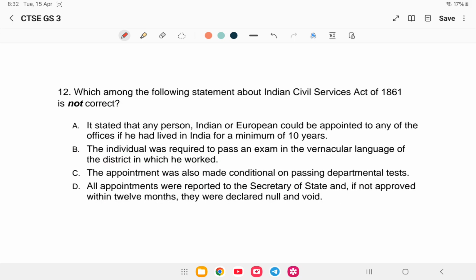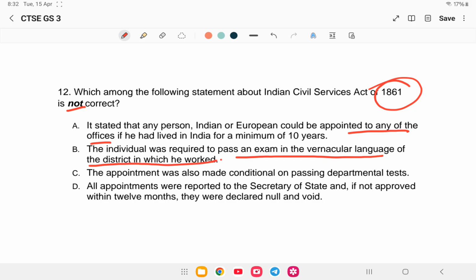Which among the following statements about the Indian Civil Service Act of 1861 is not correct? The Act stated that any person, Indian or European, could be appointed to any of the offices if he had lived in India for a minimum of 10 years. Next, the individual was required to pass an exam in the vernacular language of the district in which he worked.